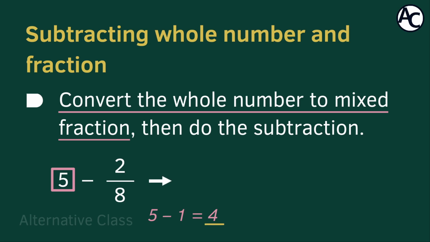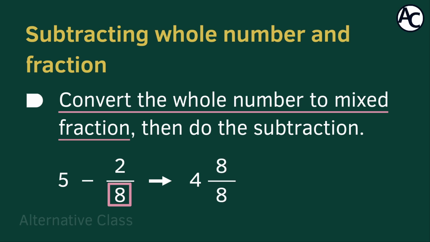So 5 is equal to 4 plus 1. Change 1 into a similar fraction with 2/8 by using the denominator 8. So 1 is equal to 8/8. So 5 is equal to 4 and 8/8.